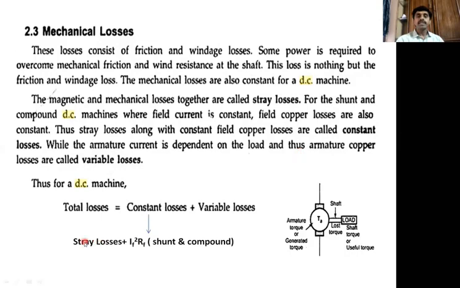The stray losses together with the field copper loss for shunt and compound machines are called constant losses. The variable losses, which vary with load, are the armature copper loss, since the armature current depends upon the load.